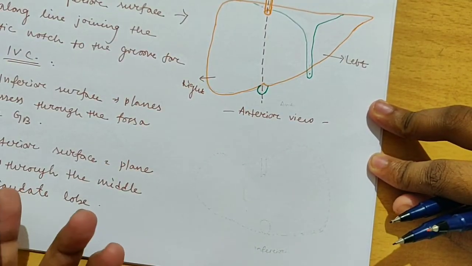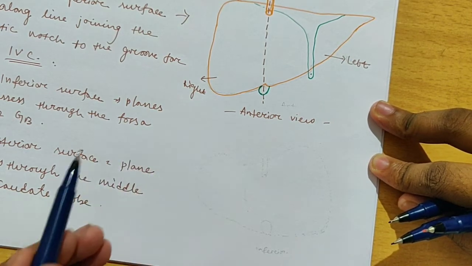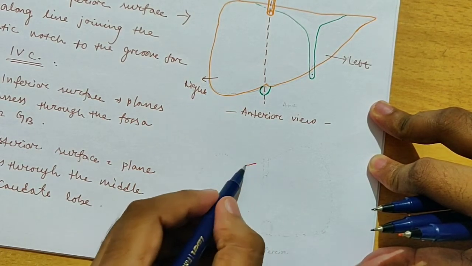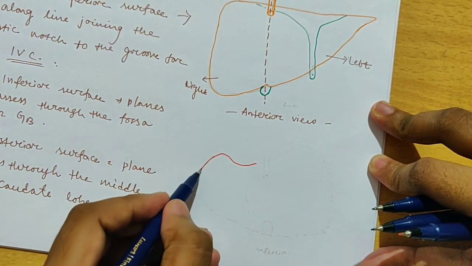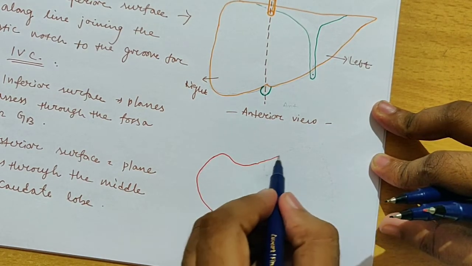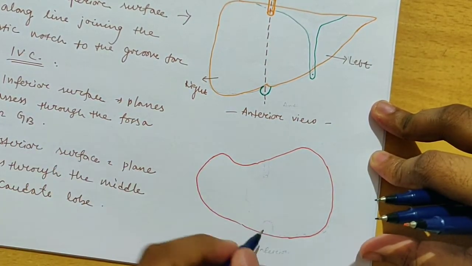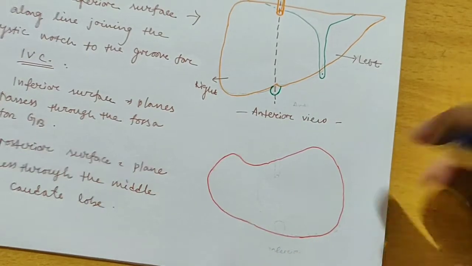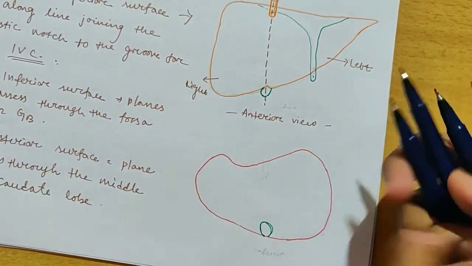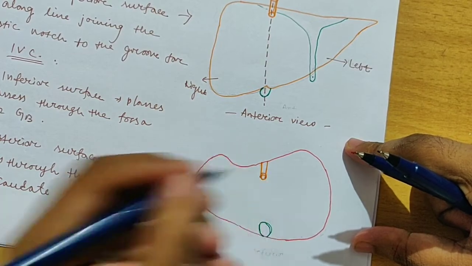Now we will go to the second point, that on the inferior surface the plane passes through the fossa of gallbladder. This is the inferior view of the liver. This one is the gallbladder and this one is the groove for inferior vena cava.